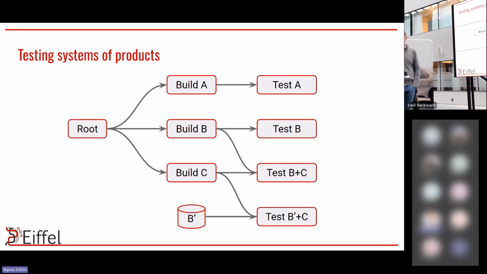You could also have a case where you don't only test newly built software. You also pick up pre-built software from, for example, the most recent LTS, like in the case of the B prime. So you want to test a freshly built C with an old B and make sure that they're still compatible. Again, doing this in Jenkins would be very, very painful.